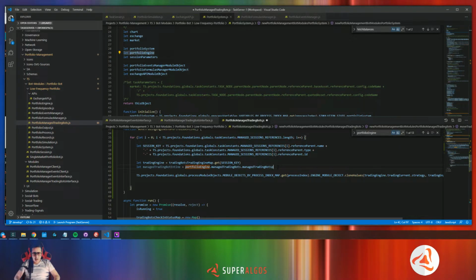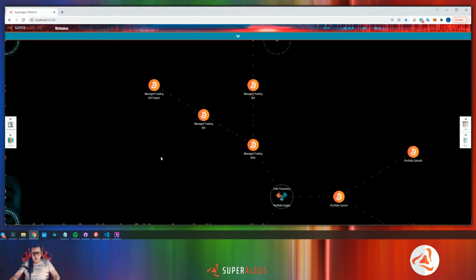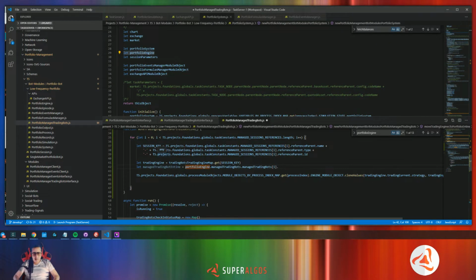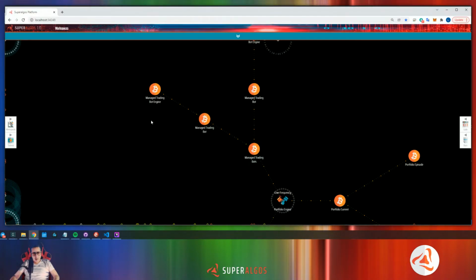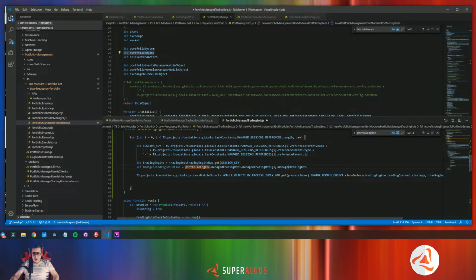Then we are going to get this index, and then we will have manage trading bot, and then manage trading bot engine.